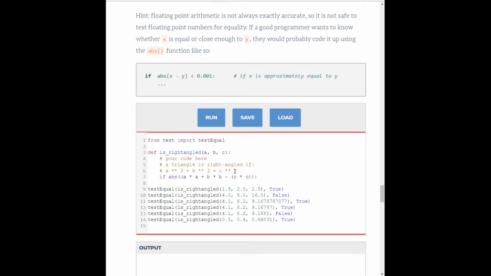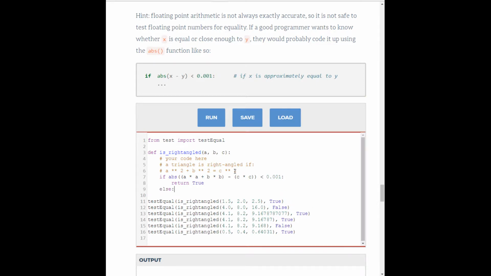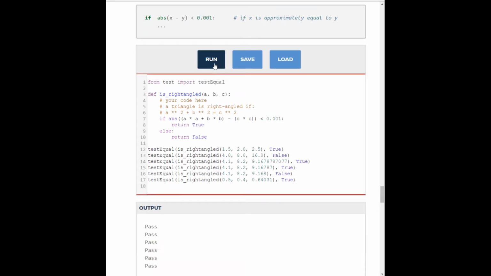So we'll want to get all of these together and then subtract it from that. So if the square of a plus the square of b minus the square of c is pretty close to 0, then return, what is it? True. Else return false. So let's see if this works. I'm a little hesitant, but we'll see if it works. Yeah, so it passes. Great.